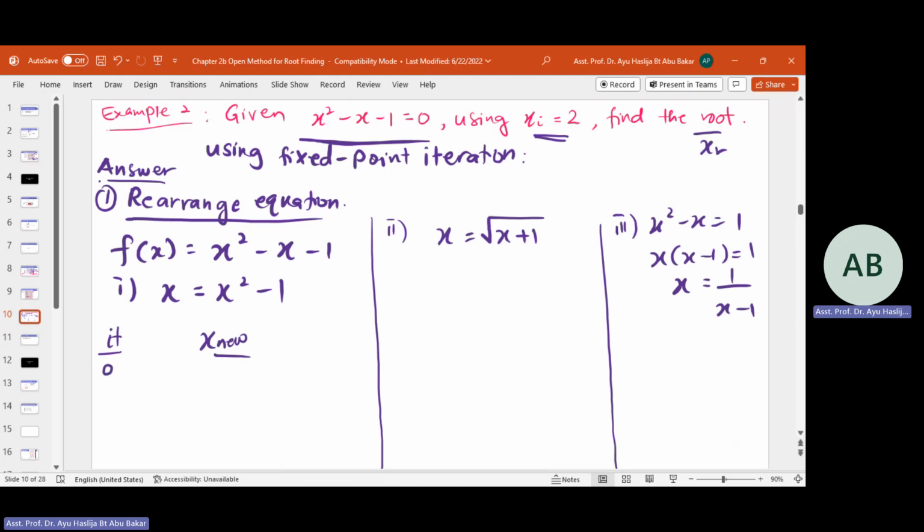Iteration 0 starts with the starting point, which is 2. Okay, for the first iteration, what do you get? Iteration number 1. What do you get? 1, 3.